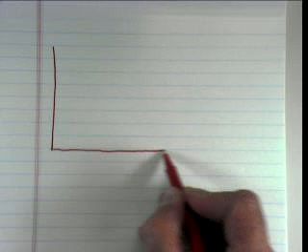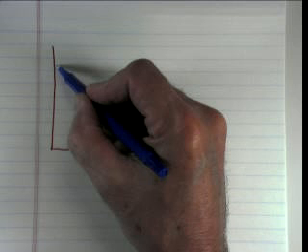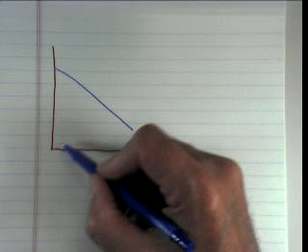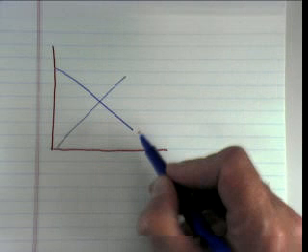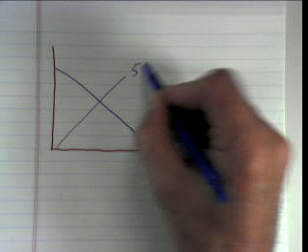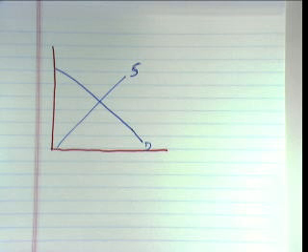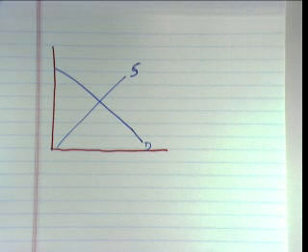I've got some kind of demand for a commodity, and I've got a supply for a commodity. So I have my demand curve and my supply curve right here, and this is in an apparent equilibrium.